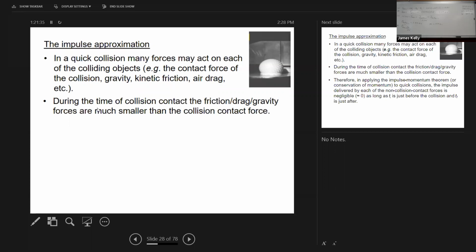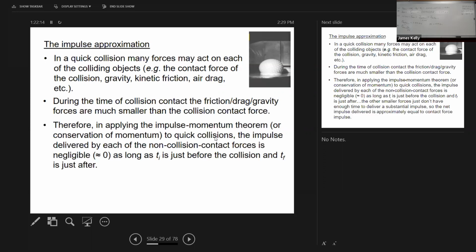During a typical, very quick collision where the surfaces are colliding, those other, non-contact forces are negligibly small compared to the contact force, how hard the two surfaces push on each other. And therefore, the impulse delivered by gravity, air resistance, and kinetic friction if they're sliding on a surface are all negligible compared to the impulse delivered to each by the other one's contact force. And that's called the impulse approximation.